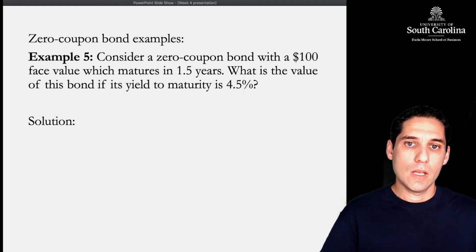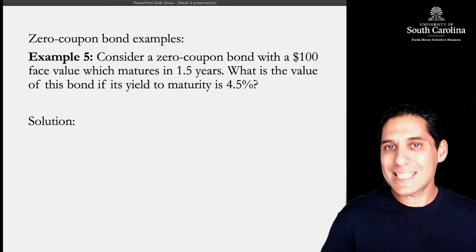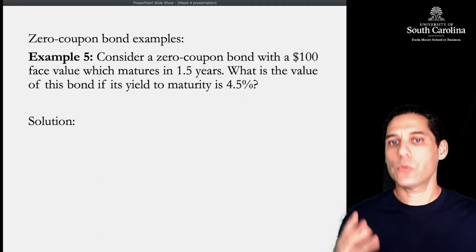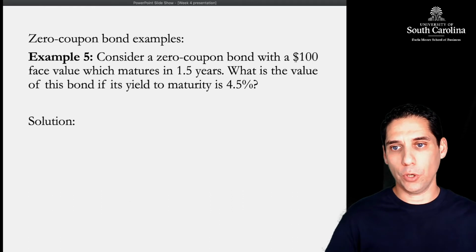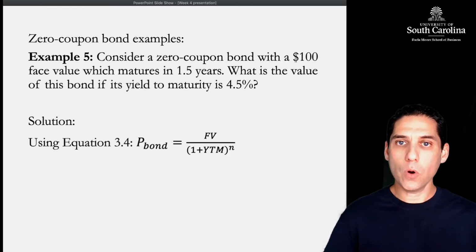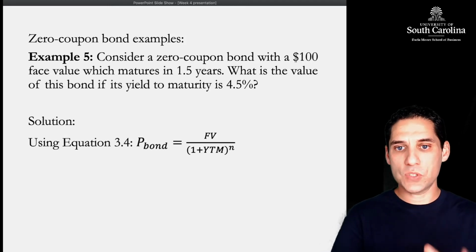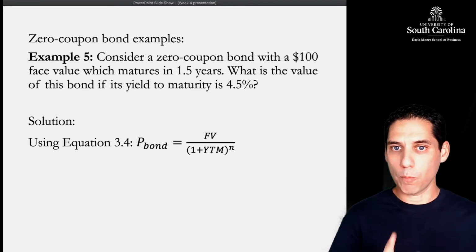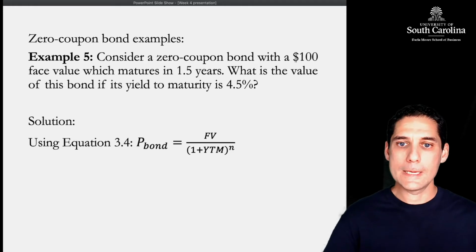Okay, so then what price does this imply? What price would give us that 4.5% annual return? So that's given by our formula, equation 3.4. Price is that face value discounted at that return, 4.5% required return, right?